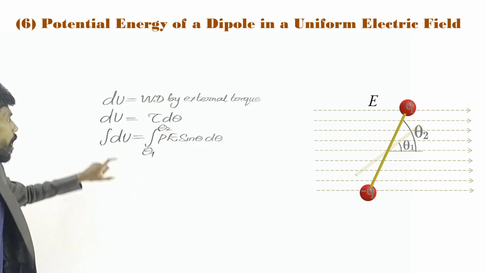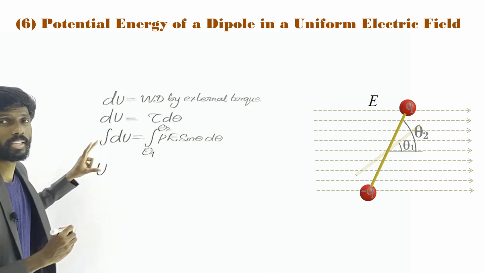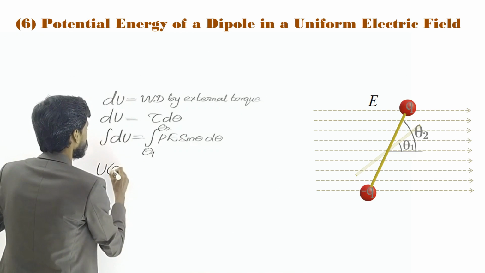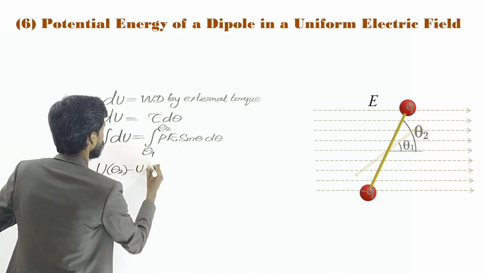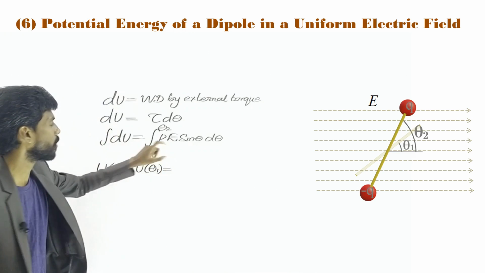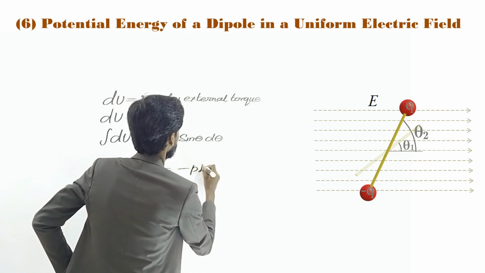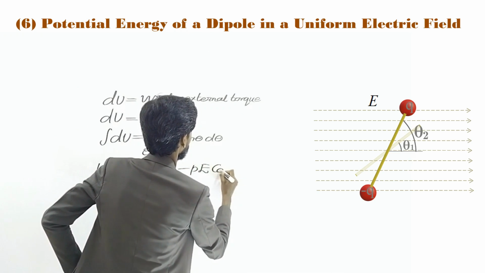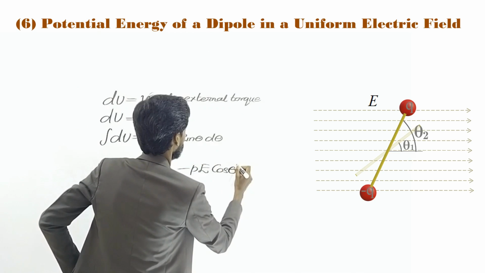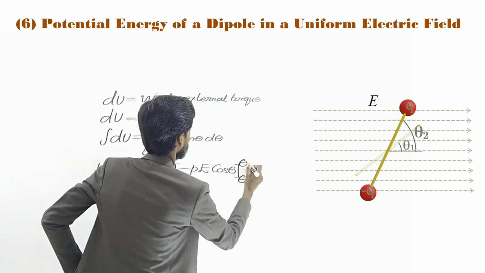Now this dU will become U, again from theta 1 to theta 2. That means U of theta 2 minus U of theta 1, the change in potential energy. Let us do the integration of this. It will become minus P E cos theta, from theta 1 to theta 2.